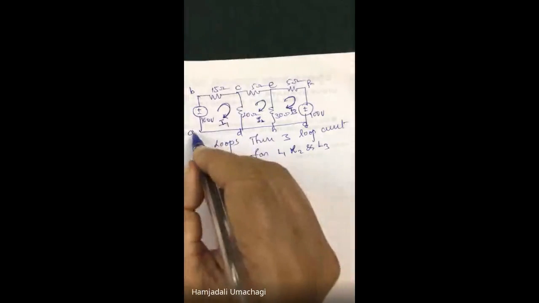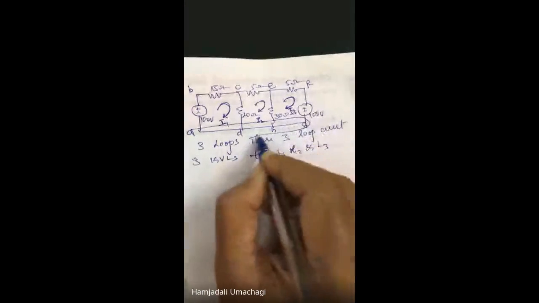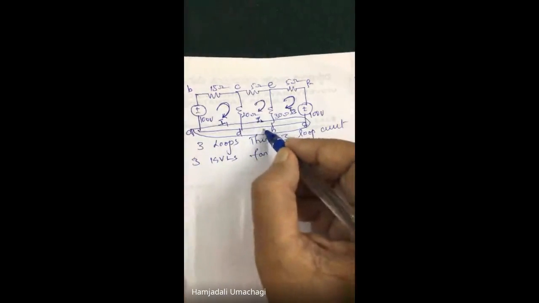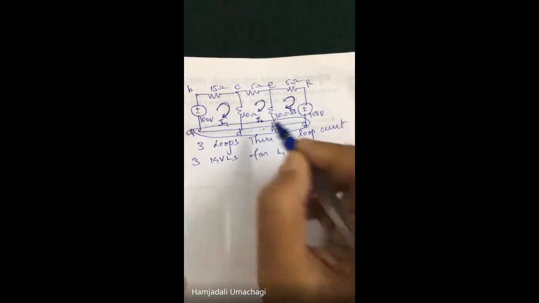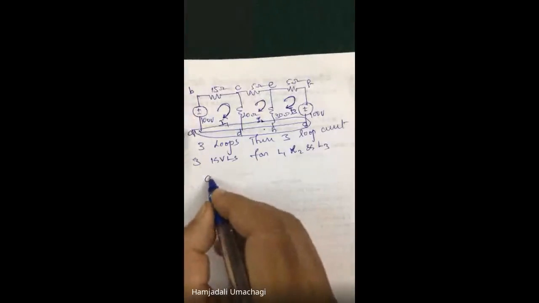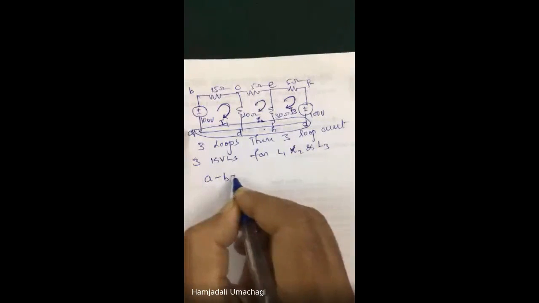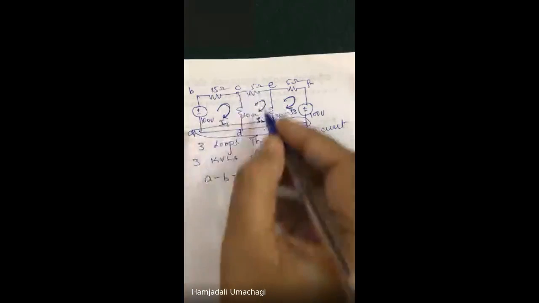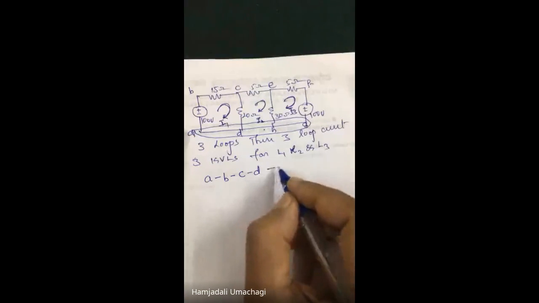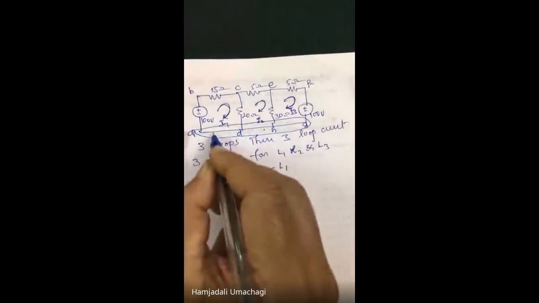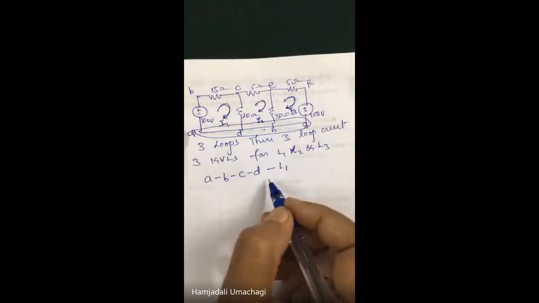But all these points are at the same potential. Just mind it. This knowledge is essential. The first loop is A, B, C, D. This is loop 1. Again back to A, because these two are at the same potential. Either you can write A or D.